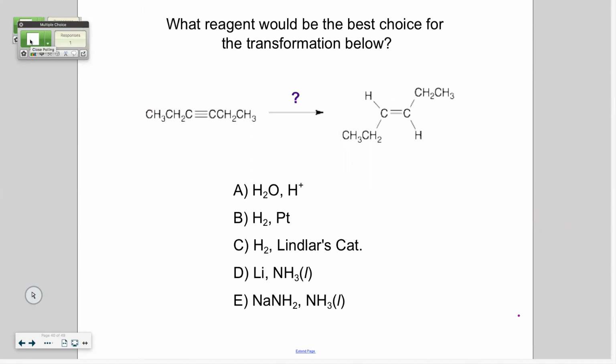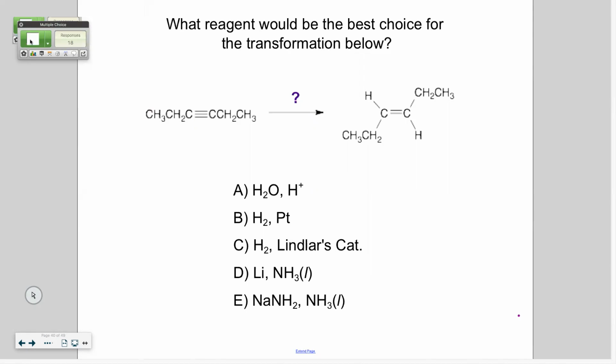What reagents below? Which one is the best choice for that reaction? Everybody made a guess?